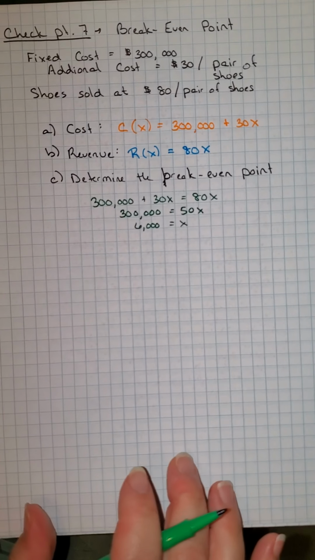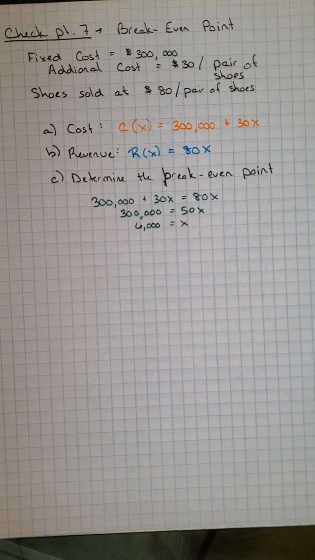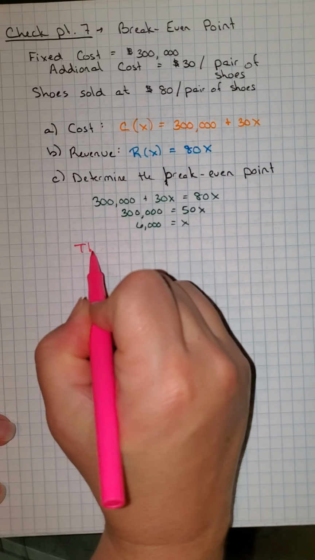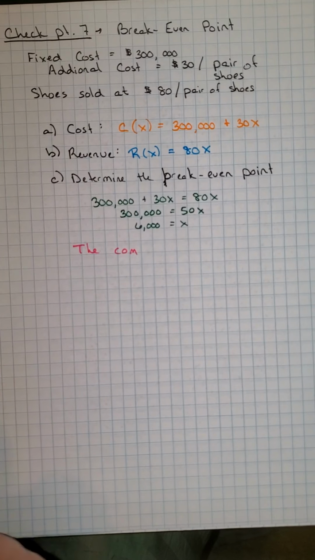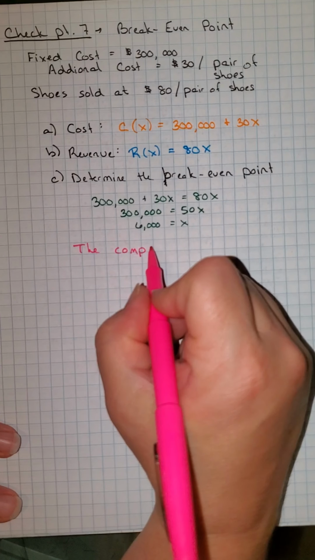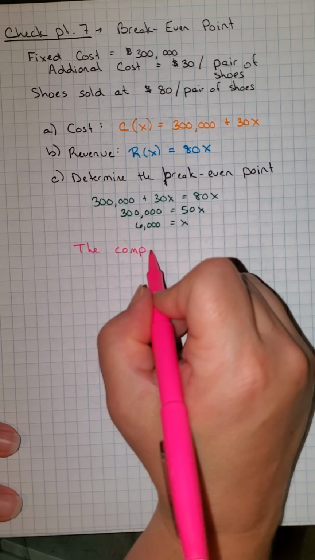So that's where the company breaks even, when they make and sell 6,000 pairs of shoes. If they wanted to make a profit, they would need to make more than 6,000. But they don't want to make too many because then they'll start losing money because they can't sell them.